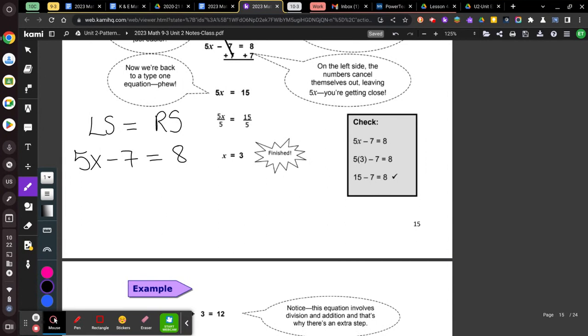You put the 3 in where the x is. And when something is cuddled up beside it, that means you are going to times it. So we're timesing it when it's side by side. So that'll give us 15, subtract 7, that gives us 8 equals 8. We did it correctly. Okay, so the left side equals the right side.